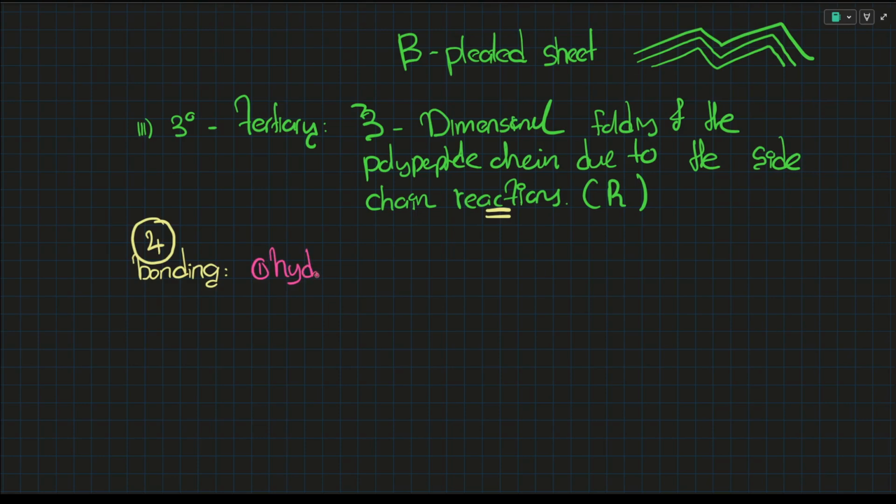Number one, hydrophilic or hydrophobic interactions. How does that work? Hydrophilic or hydrophobic amino acids, they can orient themselves as they wish. AA short for amino acid.